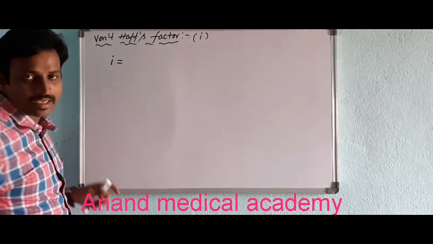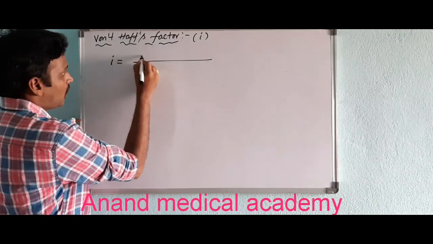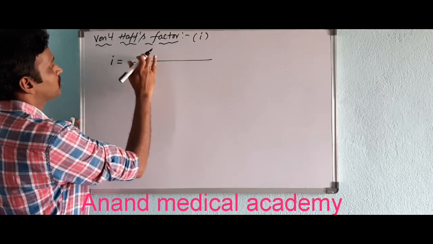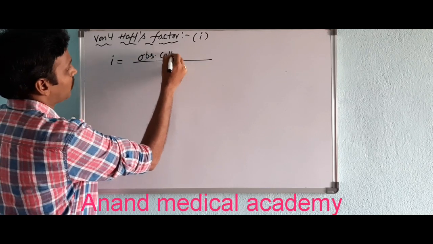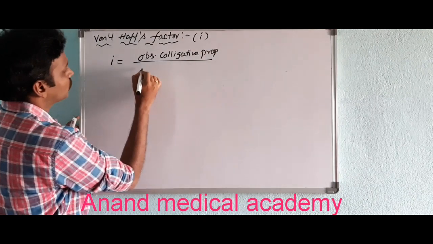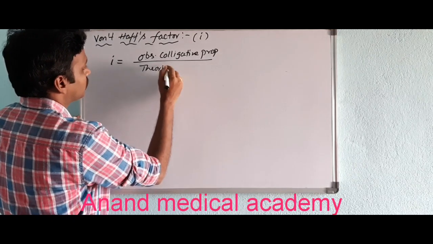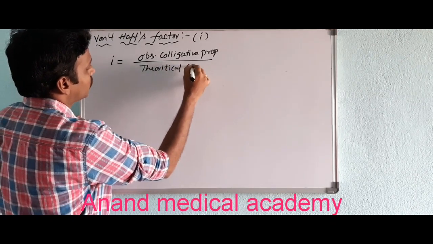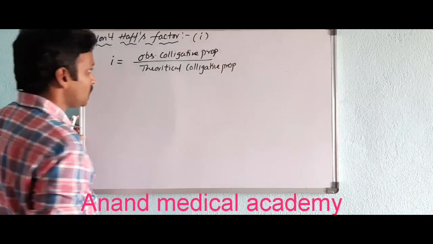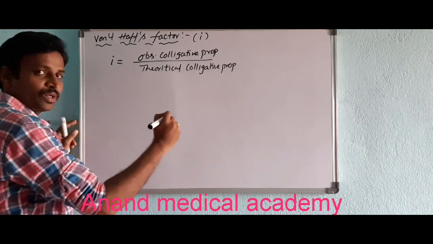The van't Hoff factor i is the ratio of observed colligative property to theoretical colligative property. Observed by theoretical. Observed means practical. Theoretical means by using the formula.